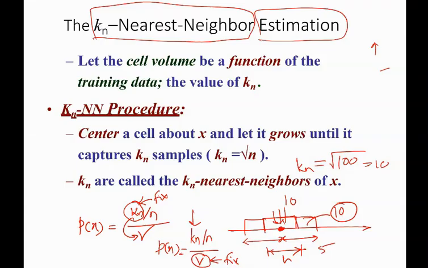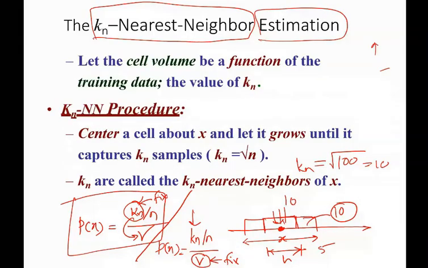Exactly the reverse is the case in KNN, where we fix the count of neighbors and then fit a volume. So we start with a small volume and then try to grow it so that so many samples fall into it. Ultimately, probability density is calculated in the same way, so there is no change. Only how you approach the problem is a change.